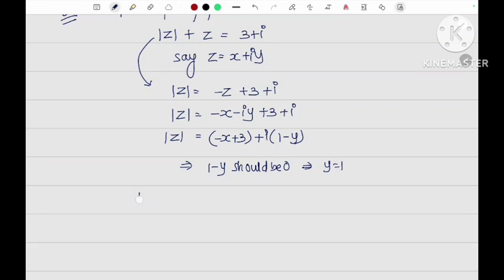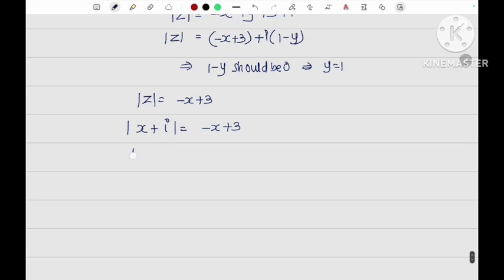So we have got y equal to 1. Now let us put it here. When y is equal to 1, the imaginary part becomes 0, which means |z| is equal to −x + 3. Putting y = 1, the magnitude is under root x² + 1 is equal to −x + 3. Square both sides: x² + 1 = x² + 9 − 6x. The x² gets cancelled.